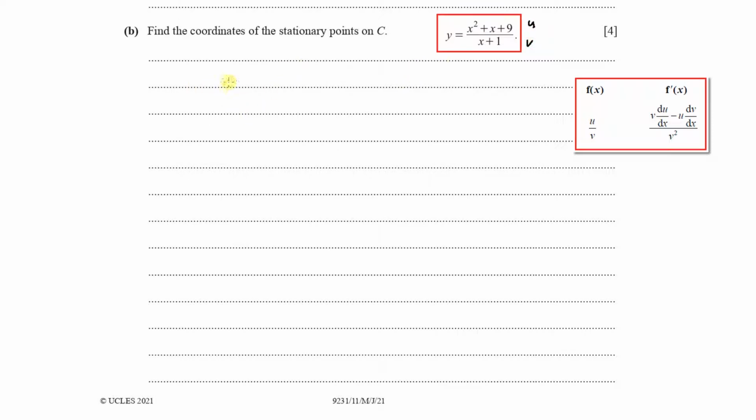So I have u = x² + x + 9, and therefore the derivative of u is 2x + 1. And then I have v = x + 1, so the derivative is 1.